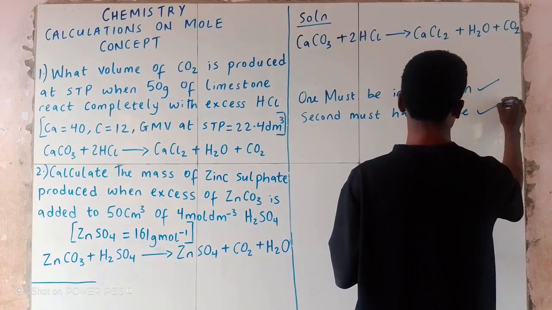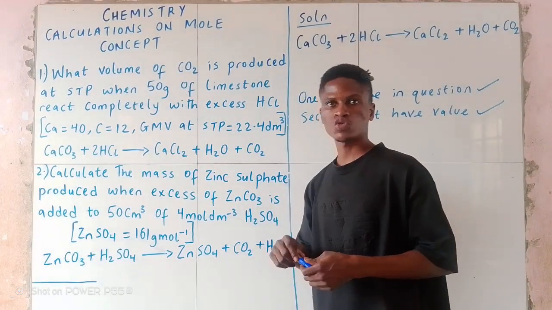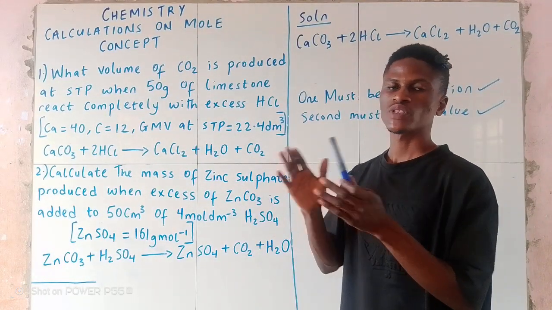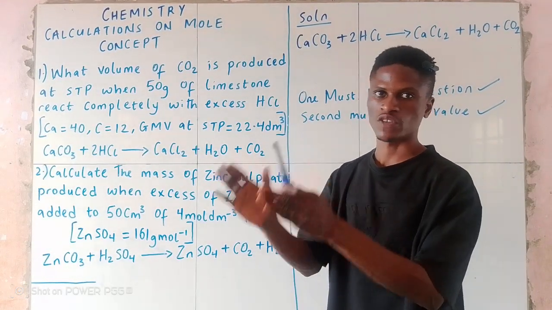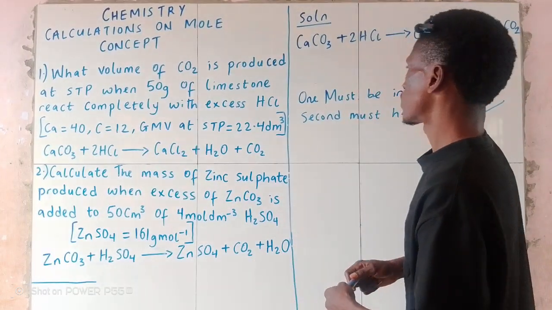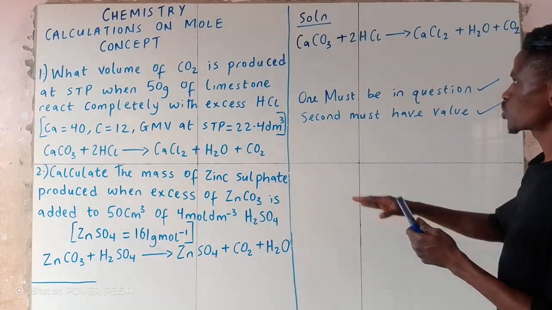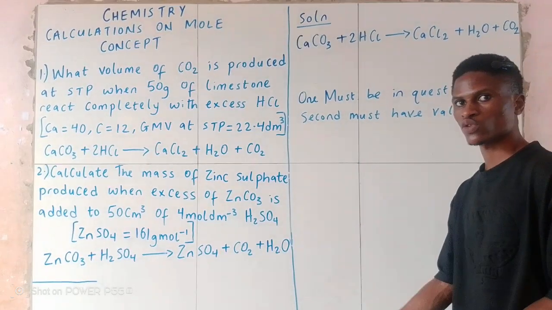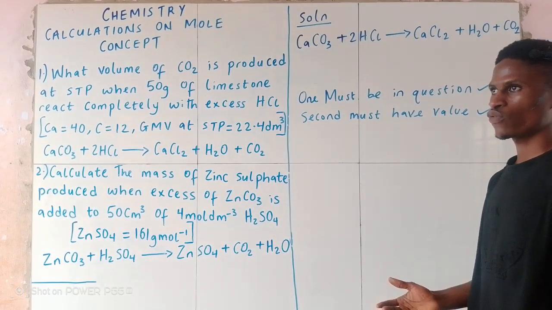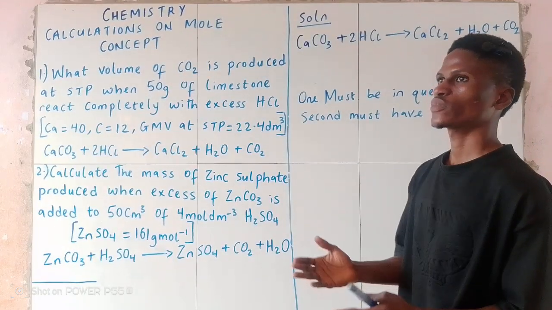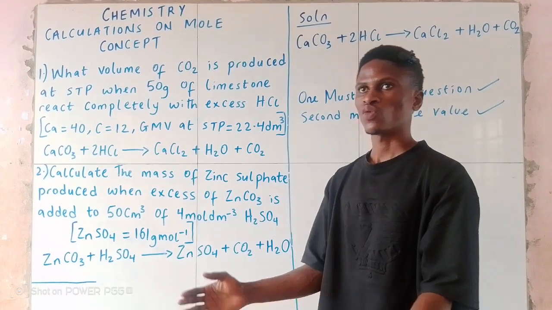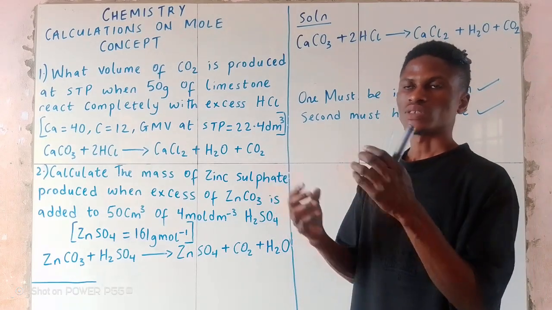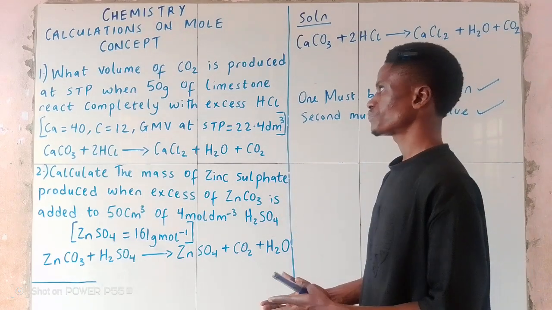These two are what we use to identify the two substances that the question is specifying. The first one must be the one in question, the unknown one. It comes in the form of what volume of, calculate the volume of, what mass of, calculate the mass of. So it must be in question.